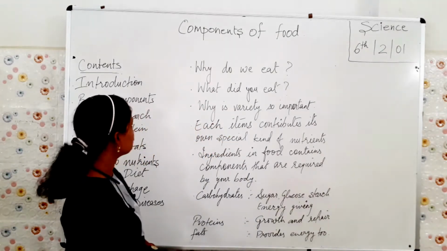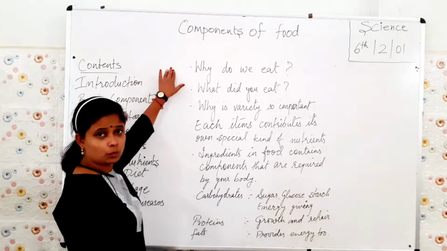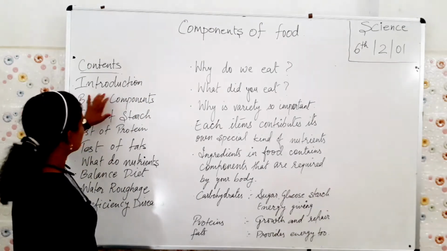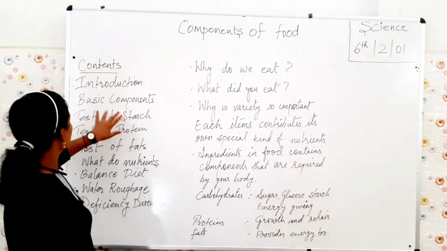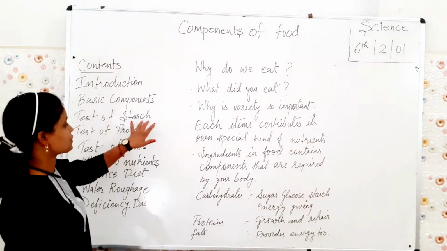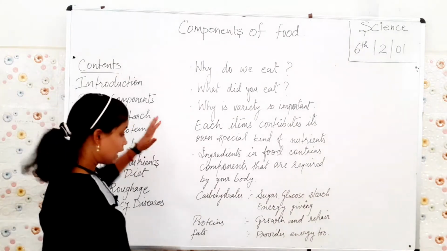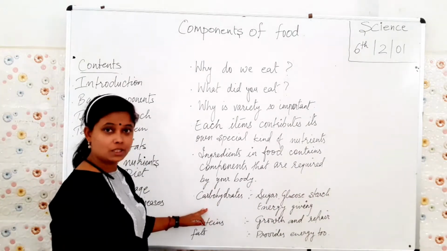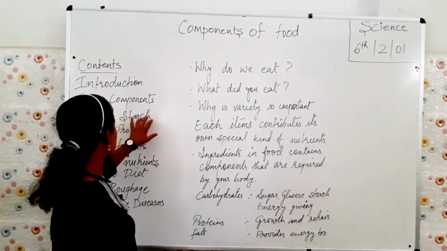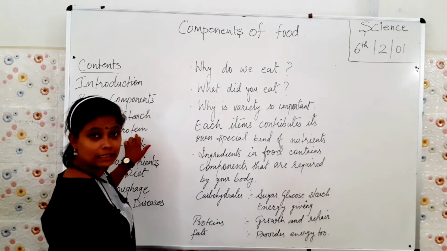Okay? Let's see. The contents which we are going to cover today are introduction, basic components, test of starch, as starch is present in carbohydrates. The carbohydrate is rich in starch. Thereafter, protein.